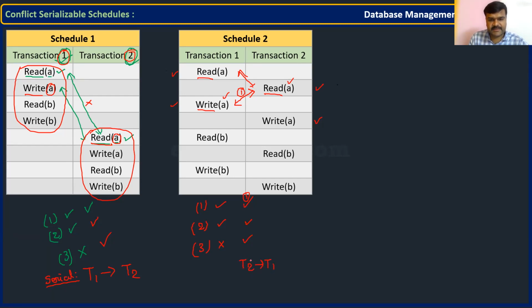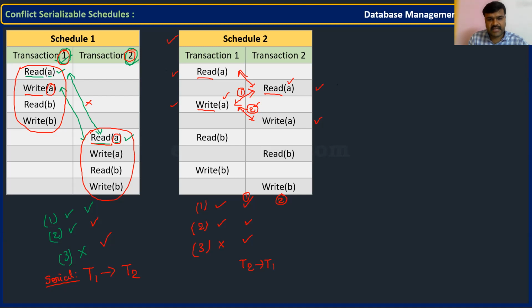Now, see these two, you can take them too. The second one I'm going to take. We are proving whether this schedule S2 is conflict serializable or not. So the second one, this one and this one, that means write A from T1 and write A from T2.